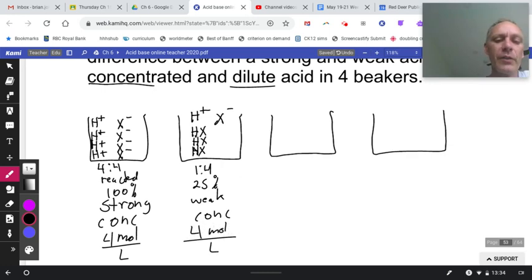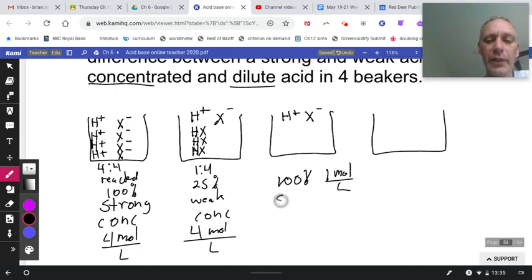Okay. So now I want to do a strong dilute acid. So dilute means it's less concentrated. So we are going to go with 1 mole per liter. Because it's strong, it's 100%. 100% of it ionizes, but it's only 1 molecule per liter, 1 mole per liter.